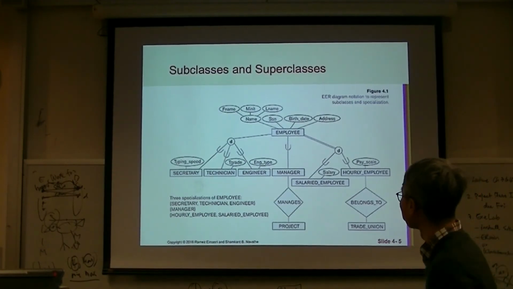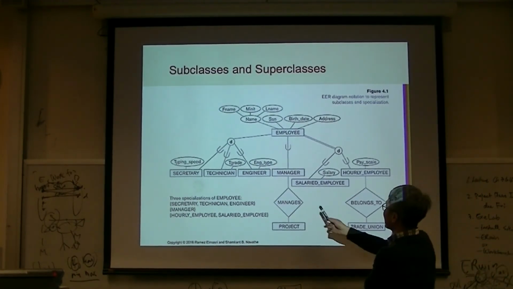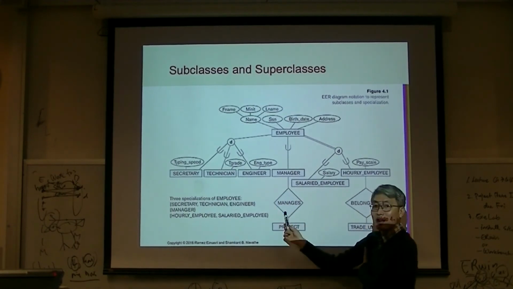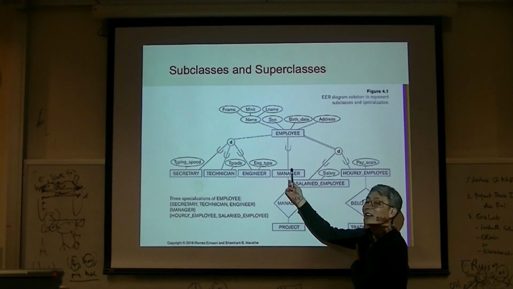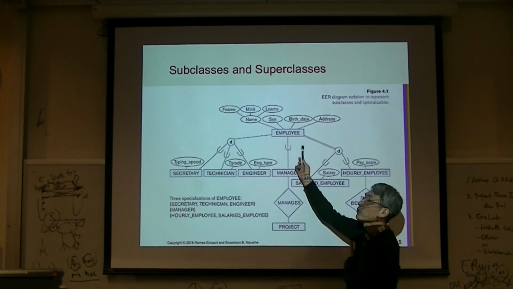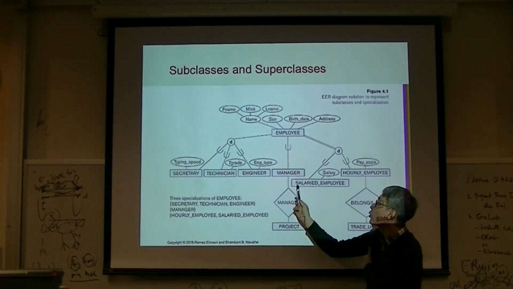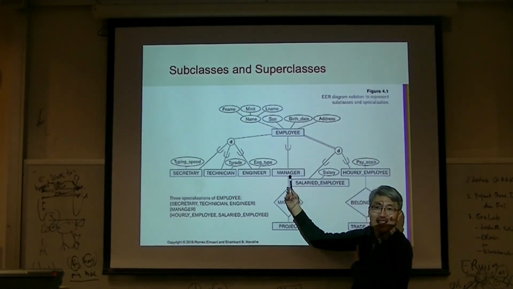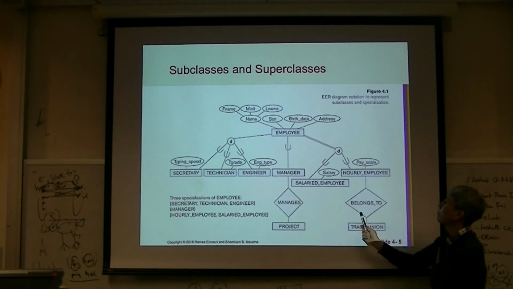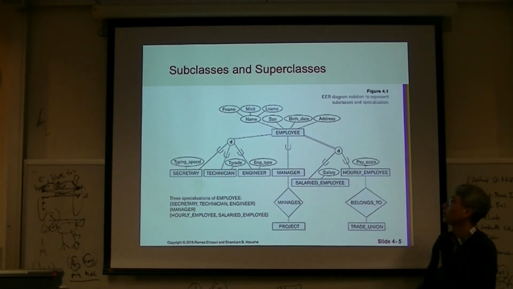Okay, then it's interesting. A relationship type in ER modeling can involve a subclass entity. It doesn't have to be the superclass. So you can create the relationship type with the subclass entity. Same thing with belongs to. That's another thing.